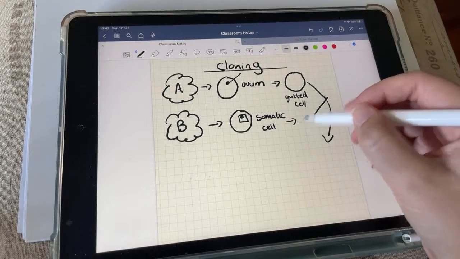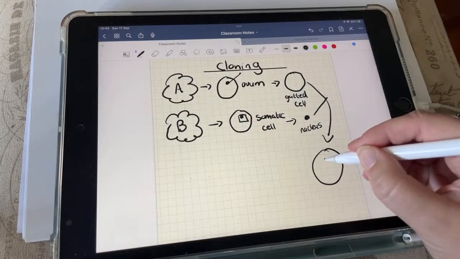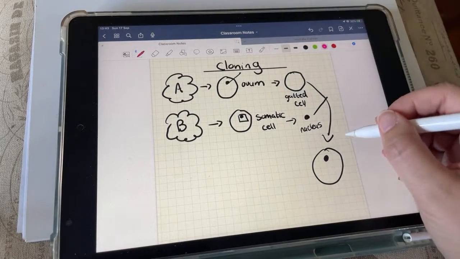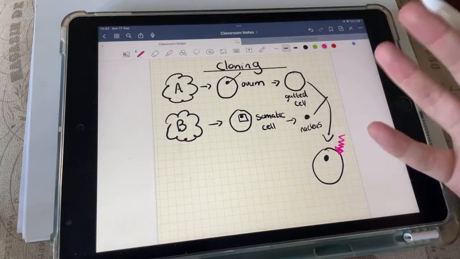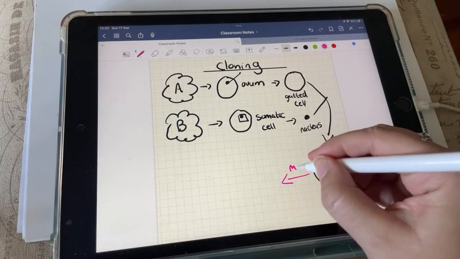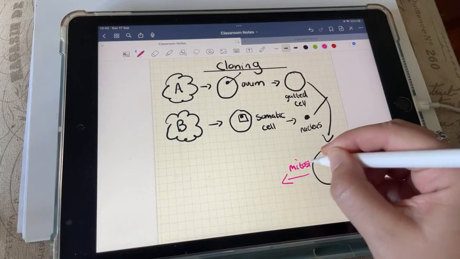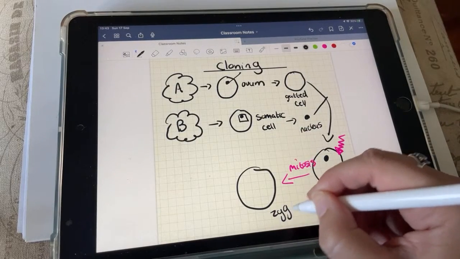So we put the nucleus inside the gutted cell. We give it a little electric shock, which stimulates mitosis. And we now end up with a zygote.